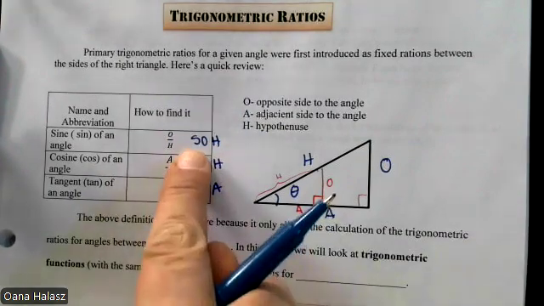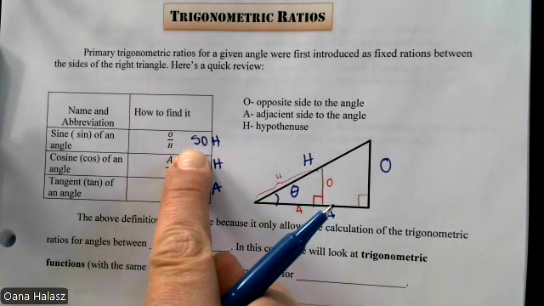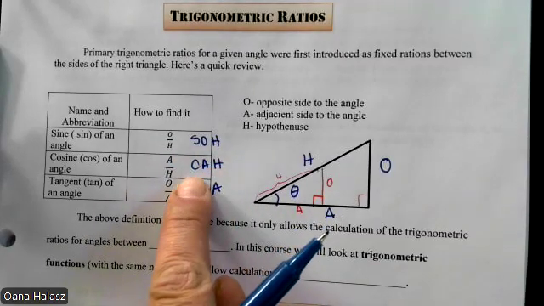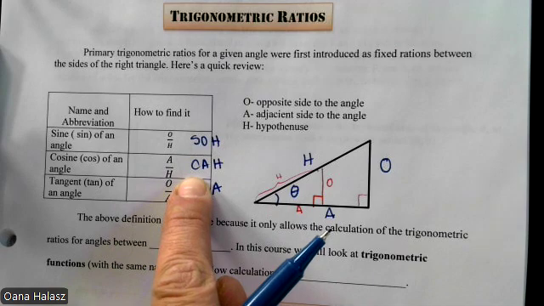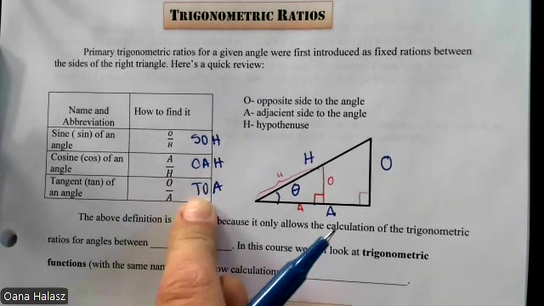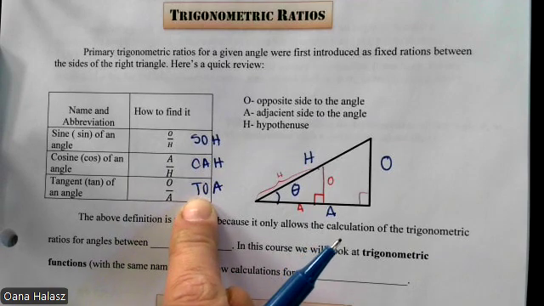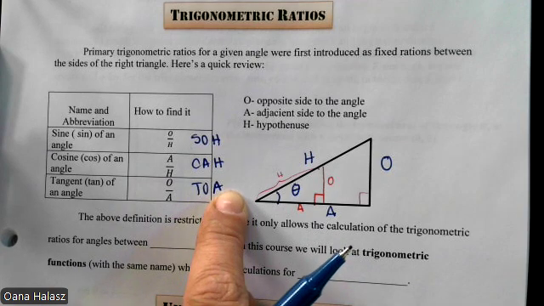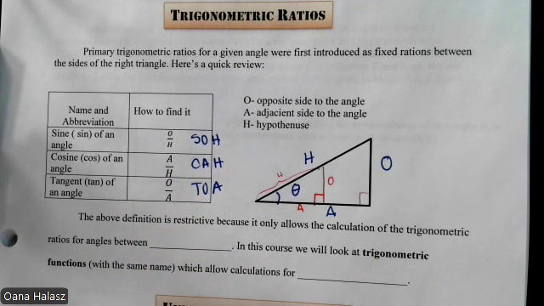S stands for sine, and you set it up as opposite divided by hypotenuse. The ratio of cosine of a certain angle, angle theta in this case, is the adjacent divided by hypotenuse. The ratio for tangent is the opposite divided by adjacent. Make sense? We've done this way back, maybe even in grade 9.